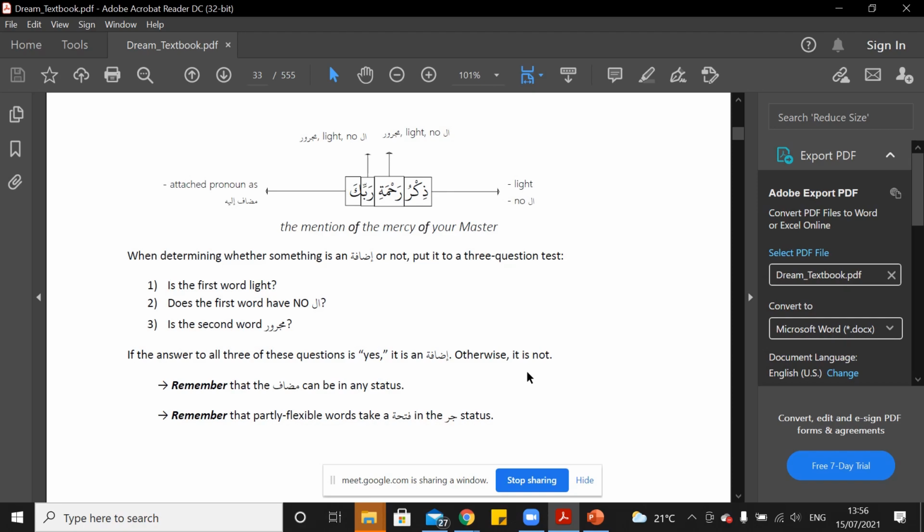So it is also an Idafah fragment. Zikru Rahmati Rabbika is a chain of Idafah fragments. Zikru means mention, Rahma means mercy, Rabba means Lord, and ka is your. So the mention of the mercy of your Lord or your Master.